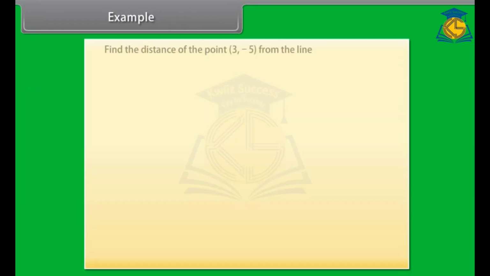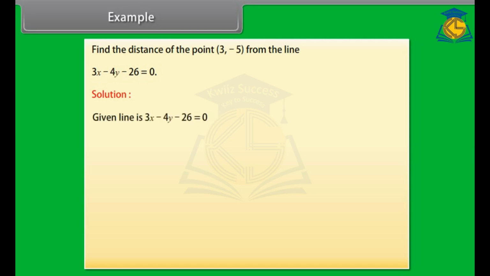Example: find the distance of the point (3, -5) from the line 3x - 4y - 26 = 0. Solution: given line is 3x - 4y - 26 = 0. Mark it 1.